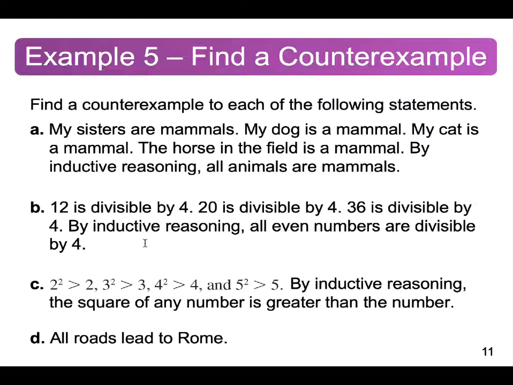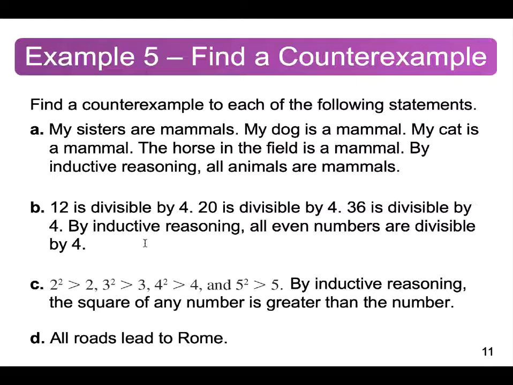Every mammal that this person identified was an animal. But saying that all animals are mammals is an incorrect conclusion, because things like fish or alligators or snakes are all animals, but they are not mammals. So a counterexample here would be any of the animals that are not mammals.